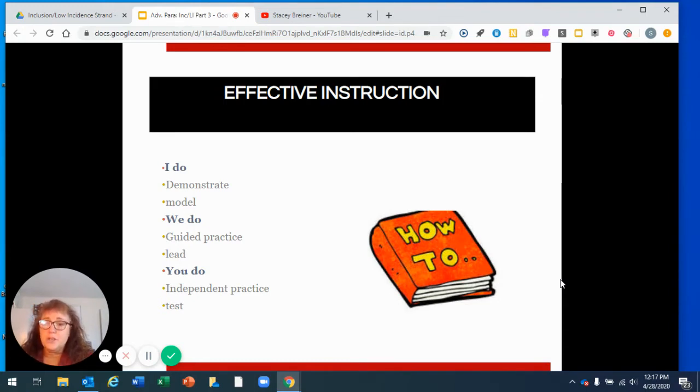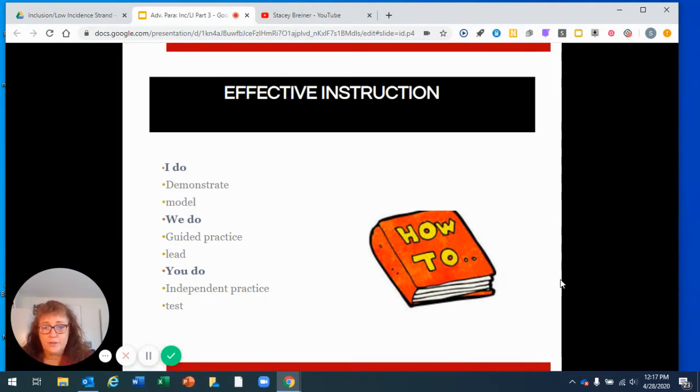Again, I'm teaching a new skill. I need to demonstrate. I need to model. I need to show what I'm looking for and how to complete a certain step. Then we need to have some guided practice, and that's the we do. We do this together, and I'm guiding them through the steps and leading them to the correct answer. Once we have done the we do, then they can do the independent practice and test.